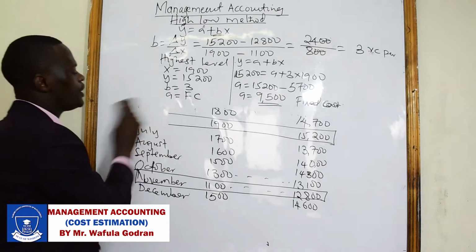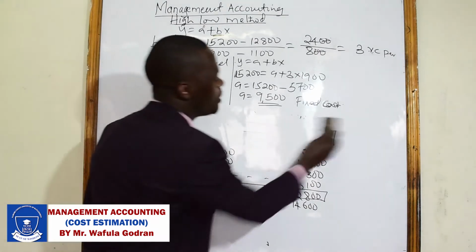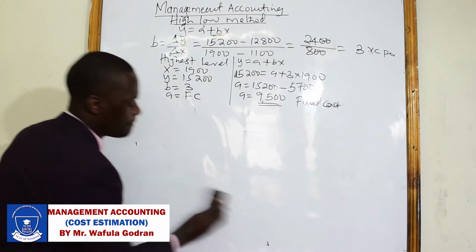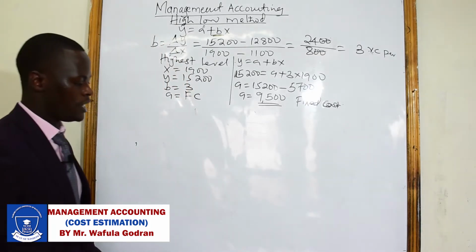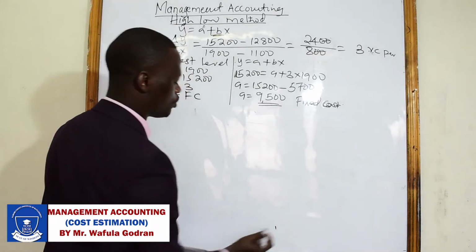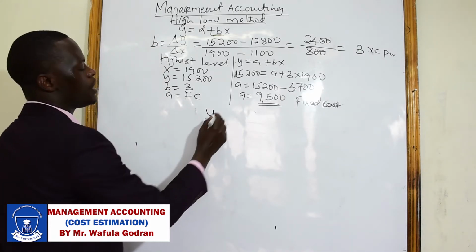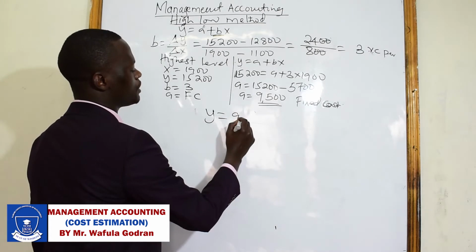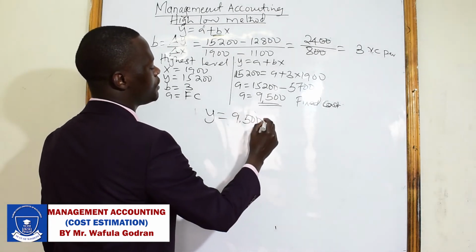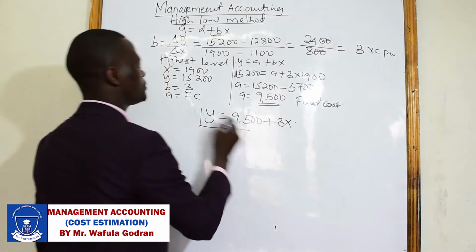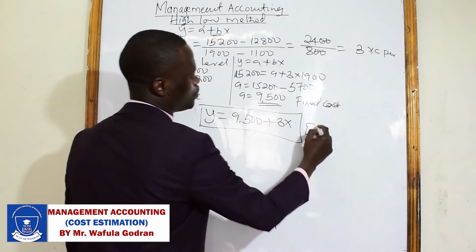In addition, if they had asked us something extra, they may ask you to establish the cost function. The cost function: we say Y is equal to 9,500 plus 3x. That is the equation.